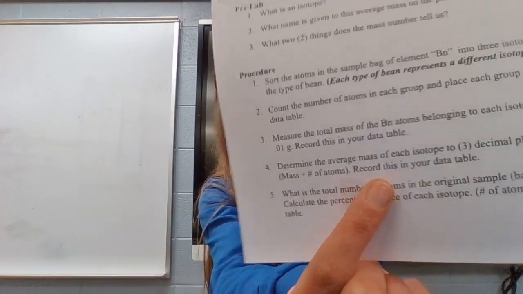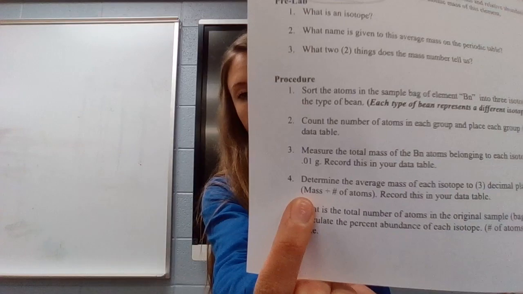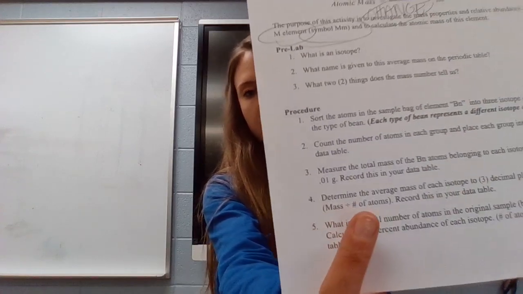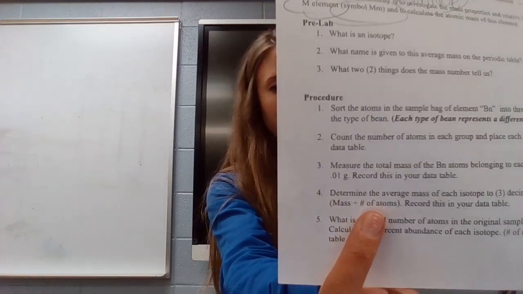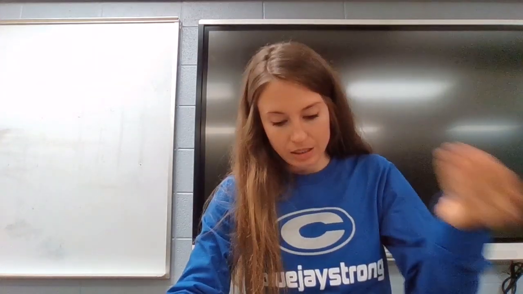The equation is right on the sheet: take the total mass of that isotope divided by the number of atoms of that isotope that you have. That's going to be the average mass of each isotope, and you're going to round that to 3 decimal places.